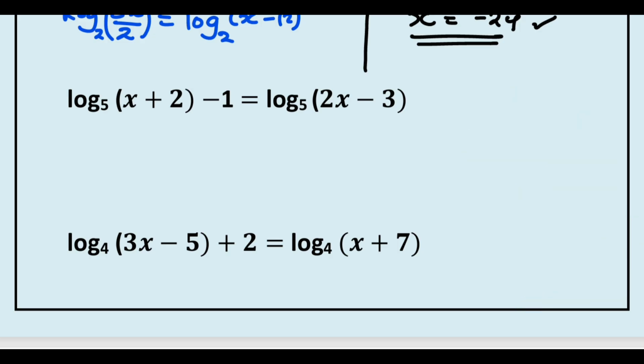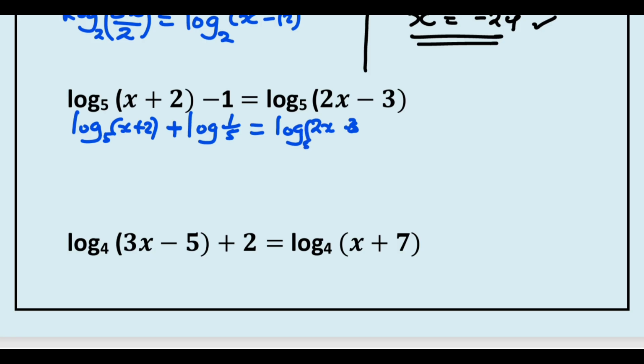We shall now rewrite it. It will become log to base 5 of x plus 2 minus log of 1 over 5. Now it should be plus y because 1 over 5 is what? Is -1. So therefore this is equivalent to log 2x minus 3. The base is 5. Then now addition is multiplication.